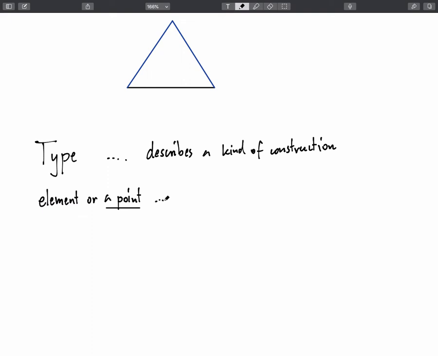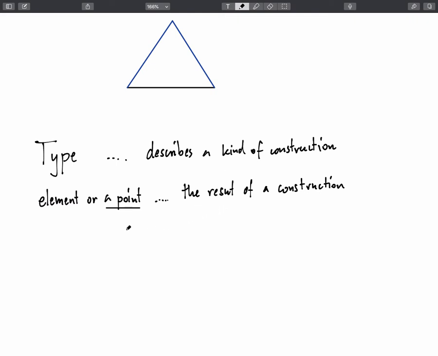It is the result of a construction. And when you make a point, when you create one, then you always follow a particular set of rules for a given type. Therefore, a point is always made according to the rules for a given type, and so it always has an associated type.